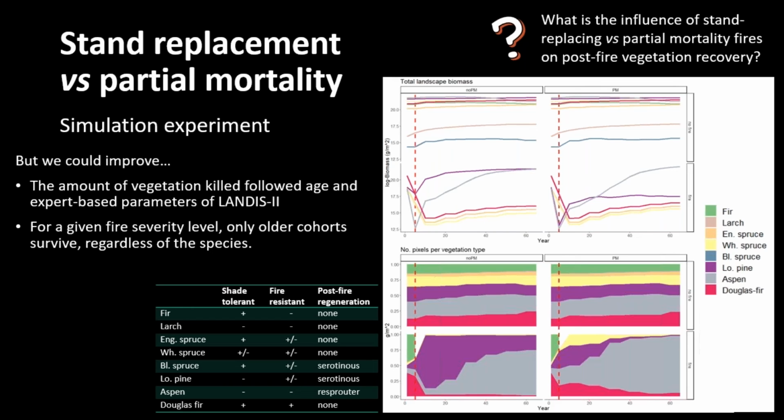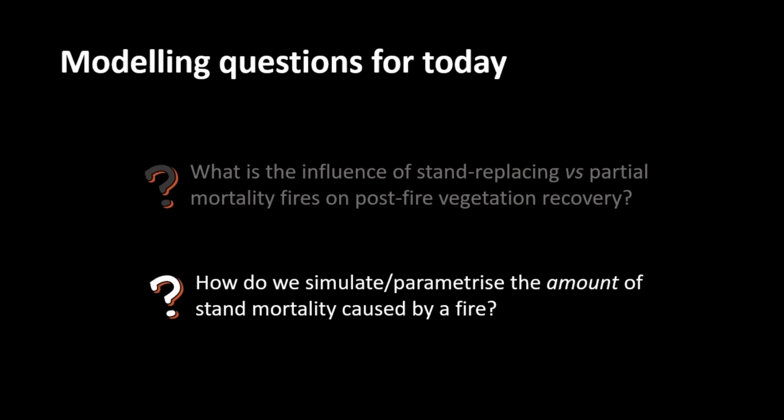We have a very expert-based parametrization of vegetation killed that comes from Landis 2 in this case. And this determines that only older cohorts will survive, regardless of the species. So it would be nice to have something that is a little bit more flexible and a little bit more dependent on the conditions of topography, vegetation, and climate. And so that's why I'm trying to parametrize the amount of stand mortality from the data that we have.